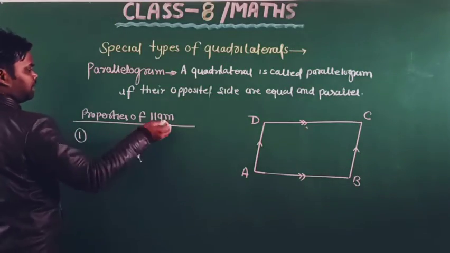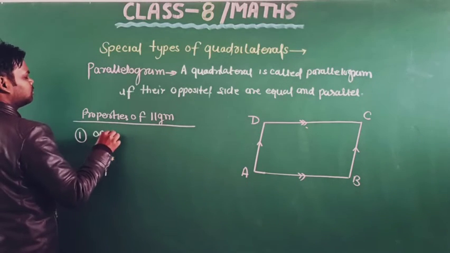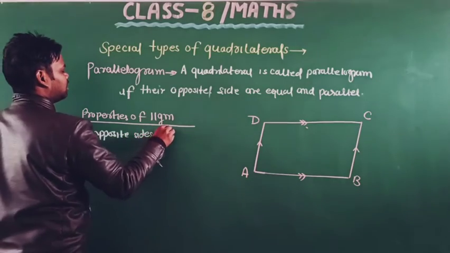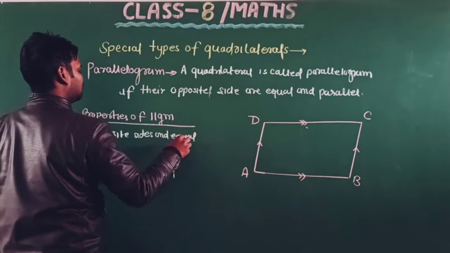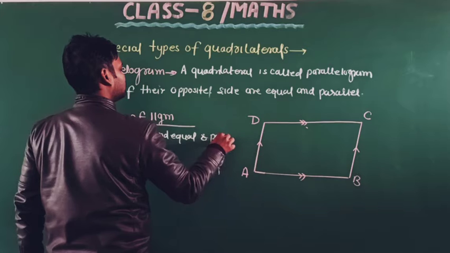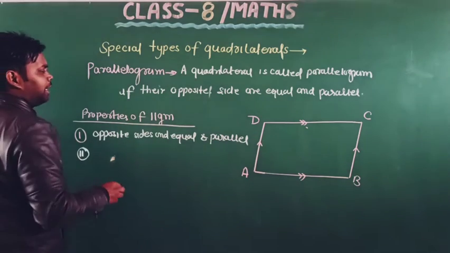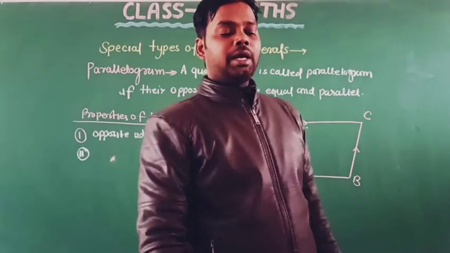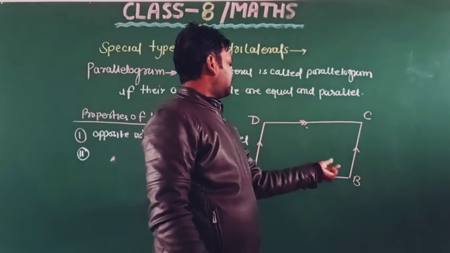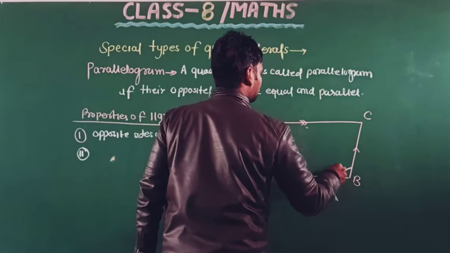Okay, and the second property: in a parallelogram, opposite angles are equal to each other.